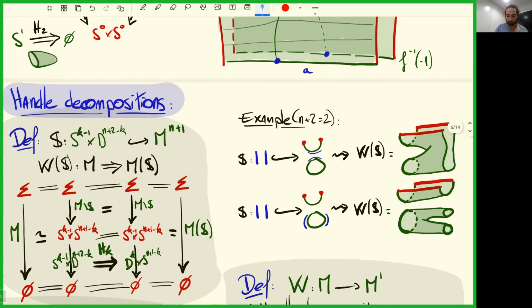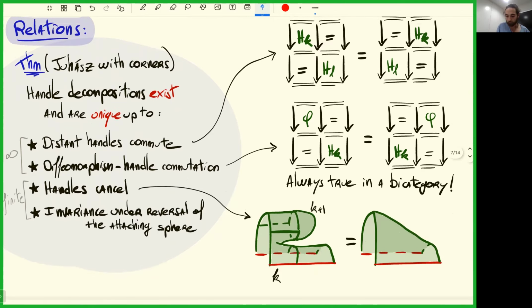If the attaching sphere of the K handle intersects the belt sphere of the K plus one handle exactly once and transversely, then they will cancel. So this is just saying there is a cancellation of the K and K plus one handle, and there's exactly one composition of these morphisms that is equal to another thing. This is exactly this relation, so it is a finite number of relations.